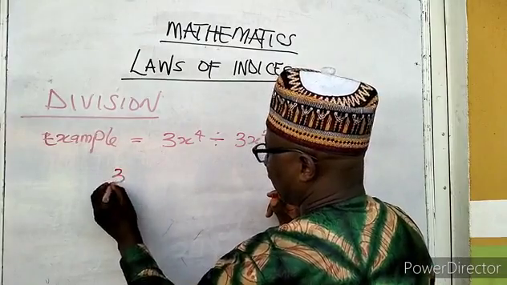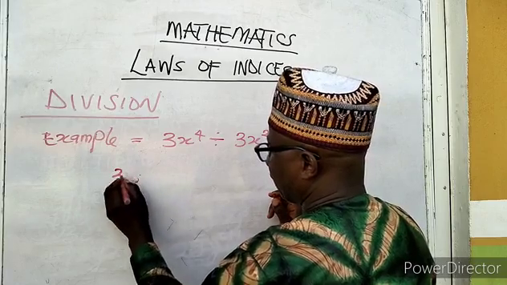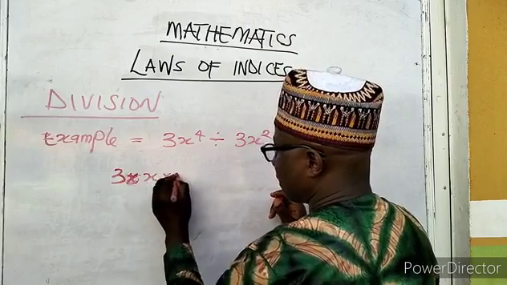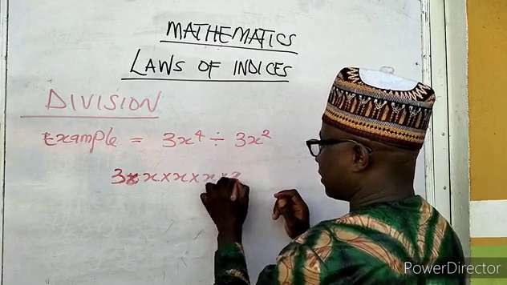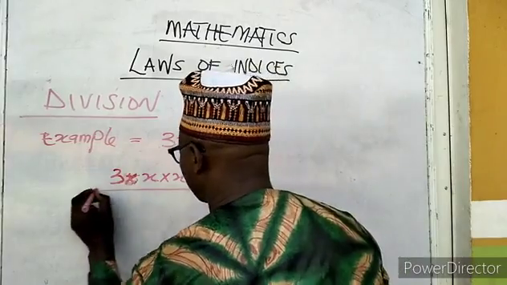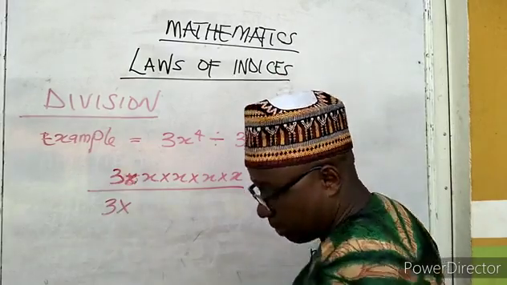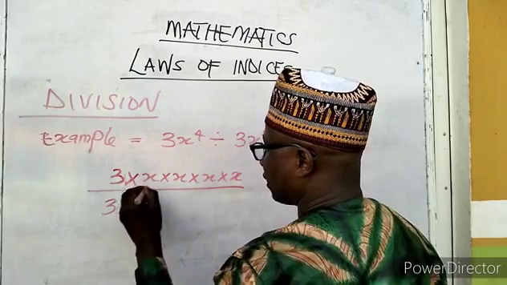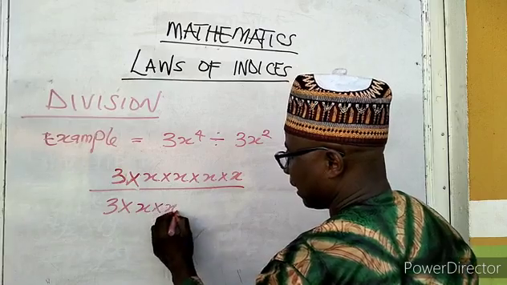That is 3 times x times x times x times x, divided by 3 times, remember, this is a multiplication sign. We have x times x.